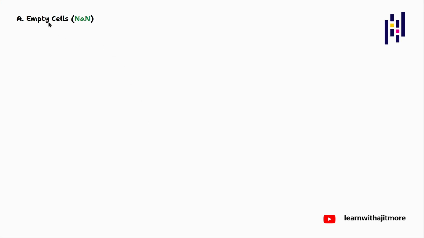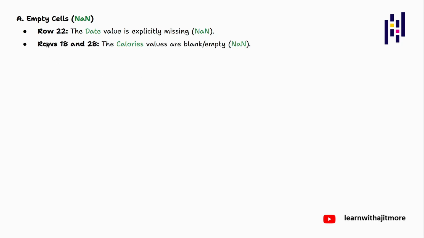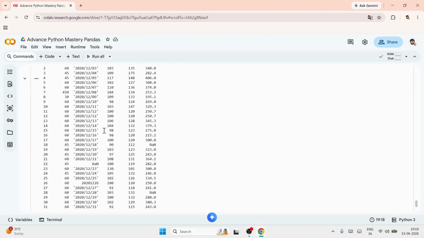See here, empty cells. Pandas indicates an empty cell by NaN, which means not a number, or a null value. In row number 22, the date value is explicitly missing. And in rows 18 and 28, the calorie values are blank. Can you check?